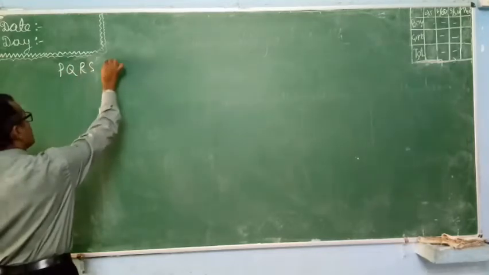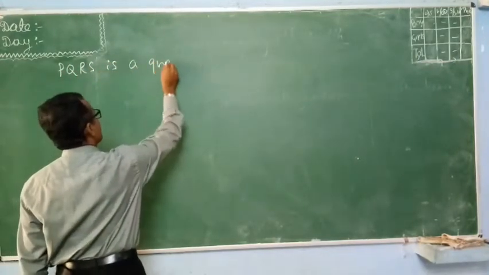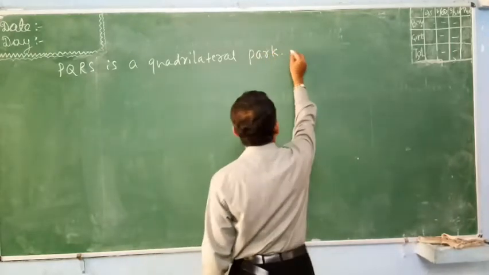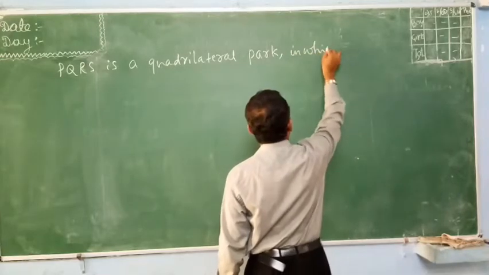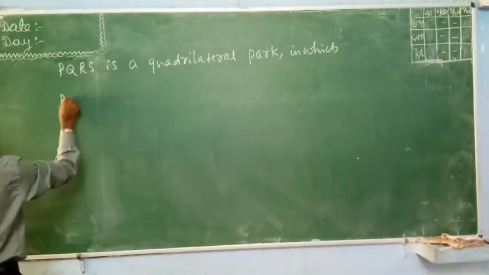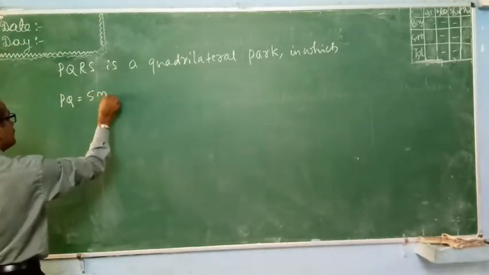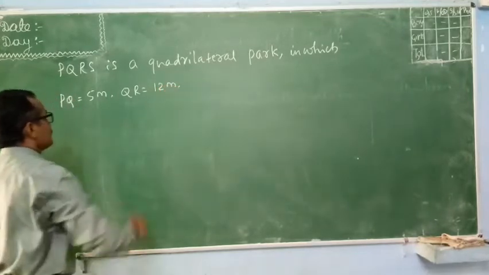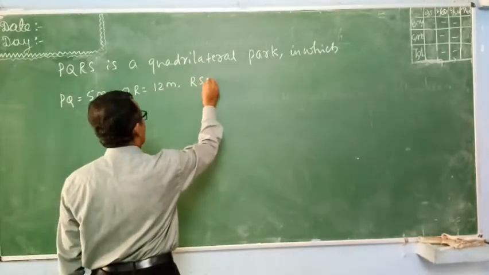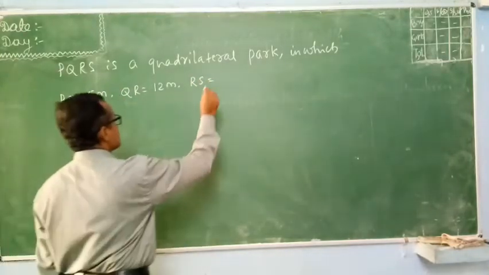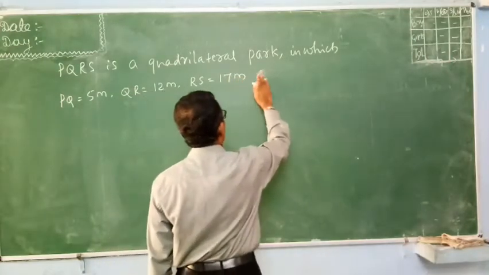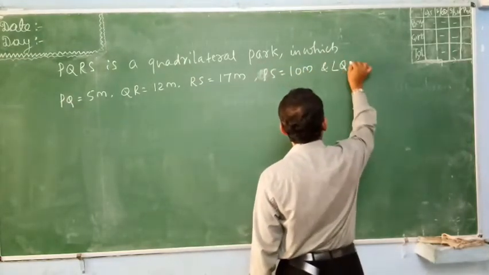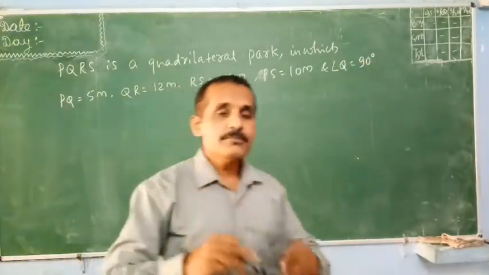PQRS is a quadrilateral park in which PQ is equal to 5 meters, QR is equal to 12 meters, RS is equal to 17 meters, PS is equal to 10 meters, and angle Q is equal to 90 degrees.